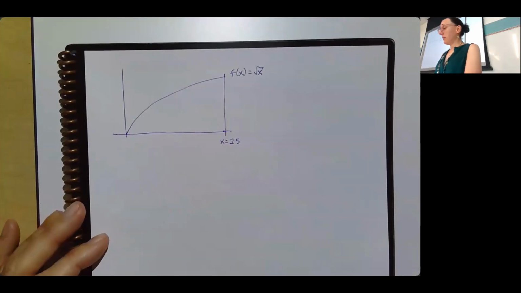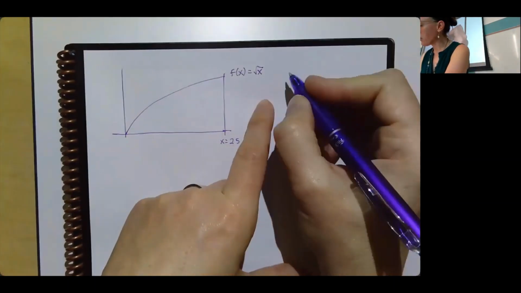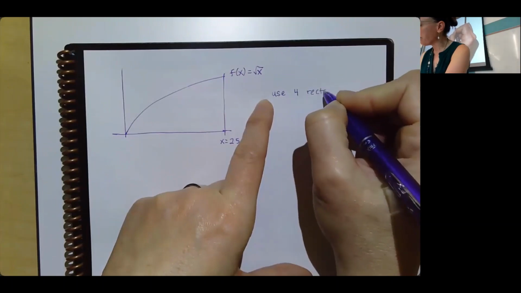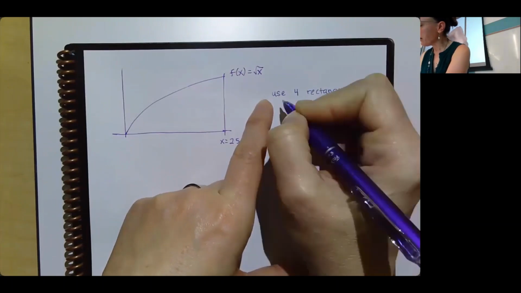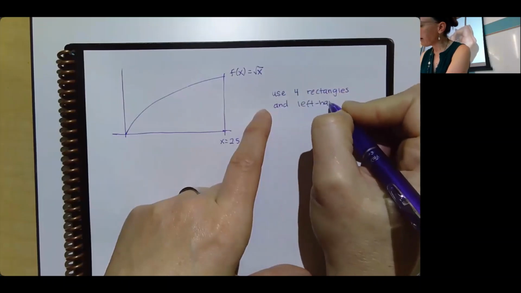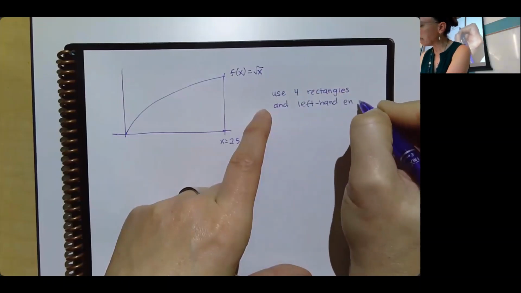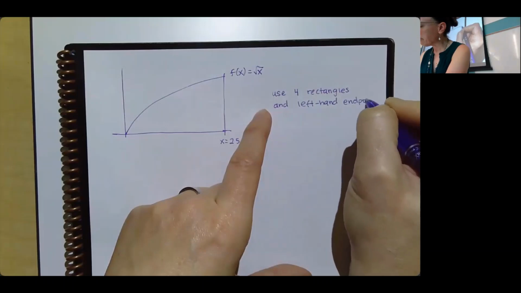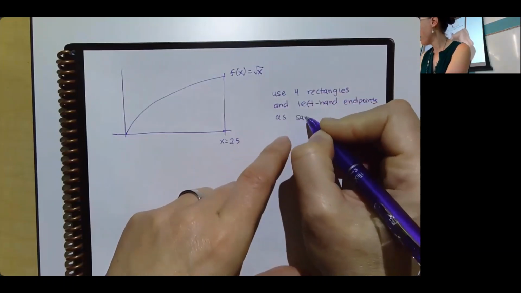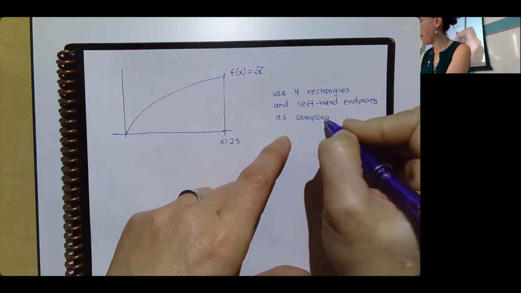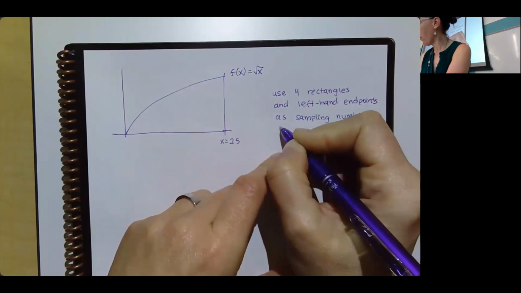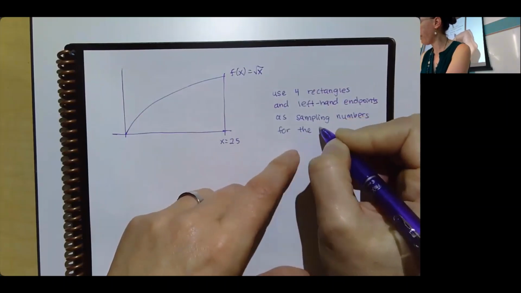But this time, I'm going to use 4 rectangles and left hand endpoints as sampling numbers for the height.